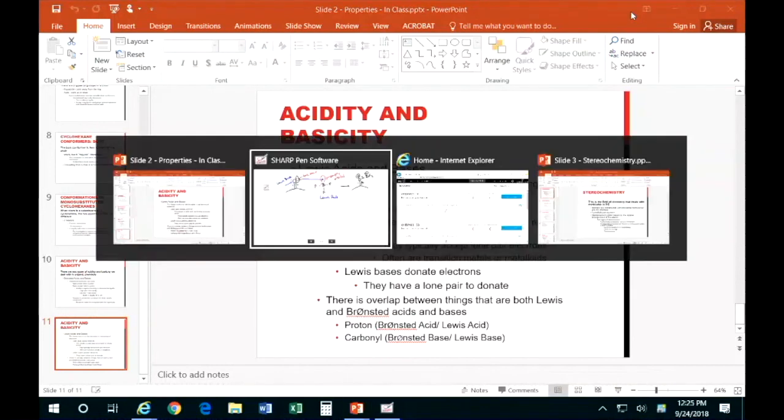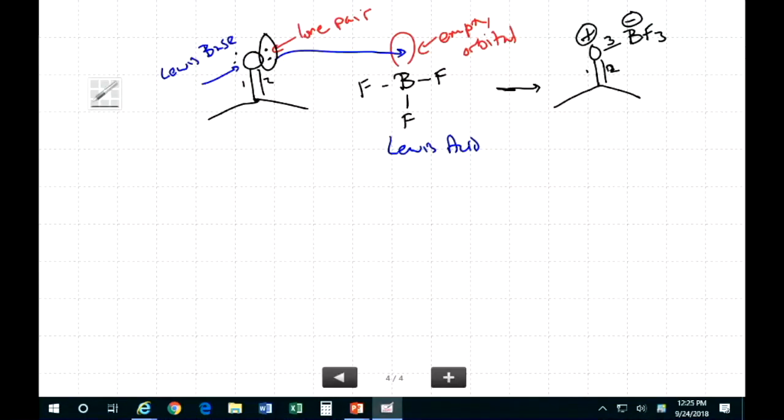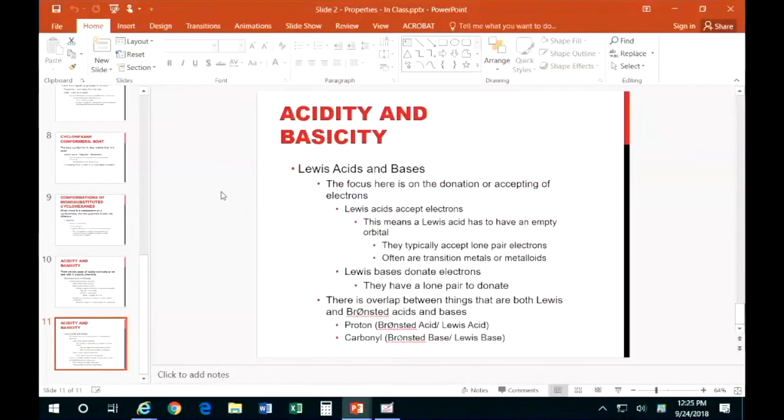So if we have our carbonyl again, a carbonyl can be a Bronsted base because it can accept a proton, and a Lewis base because it can give its electrons to something.